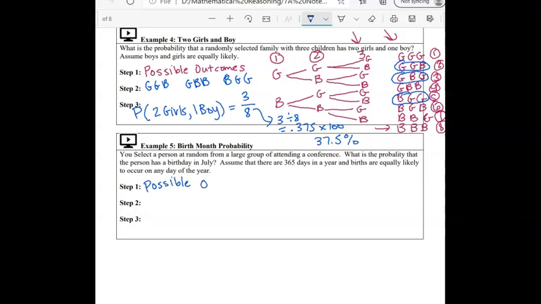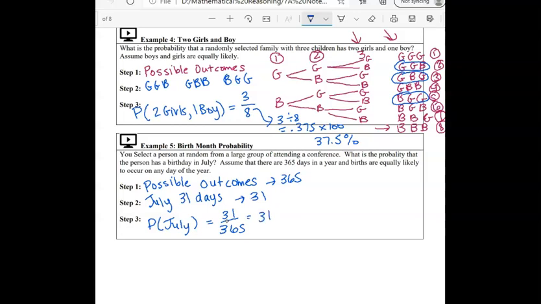Well, that's going to be step 1. There's 365 because there's 365 days in a year. And July has 31 days, so there's 31 events out of our 365 outcomes. So the probability that our birthday is in July is going to be 31 out of 365.